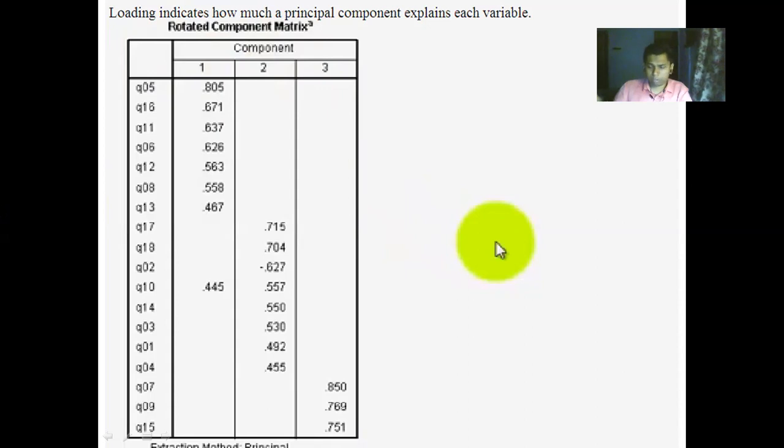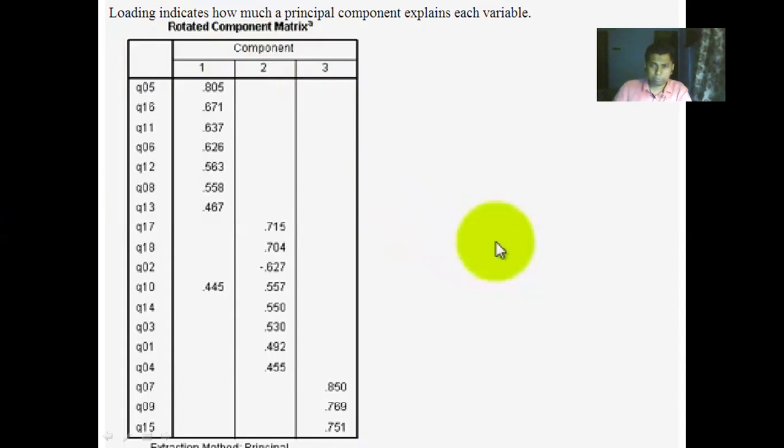Whenever you use factor analysis, usually the principal axis factoring method is used for factor extraction. There are also other techniques, but I'm not going into those details. In maximum cases, principal axis factoring is used.